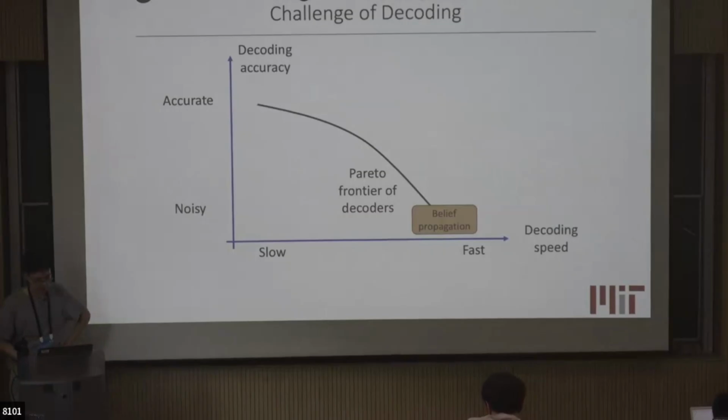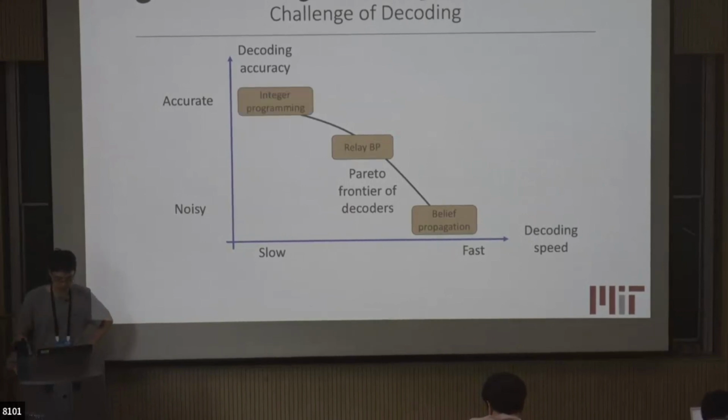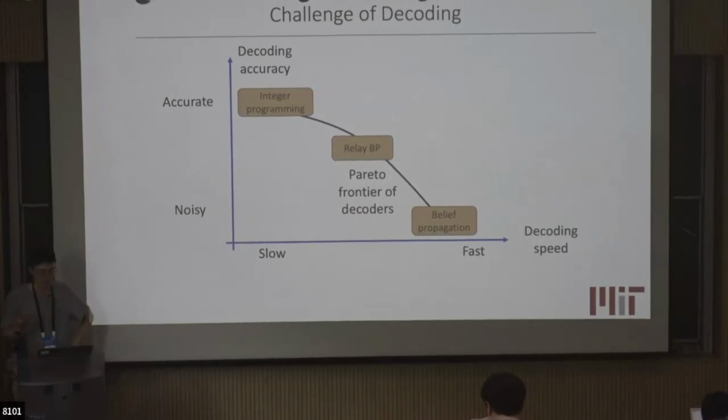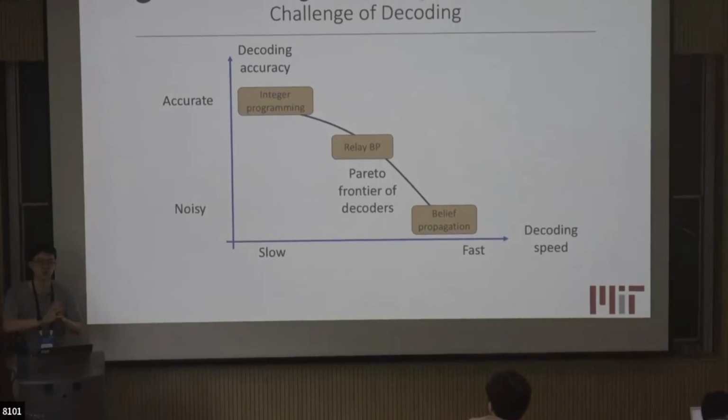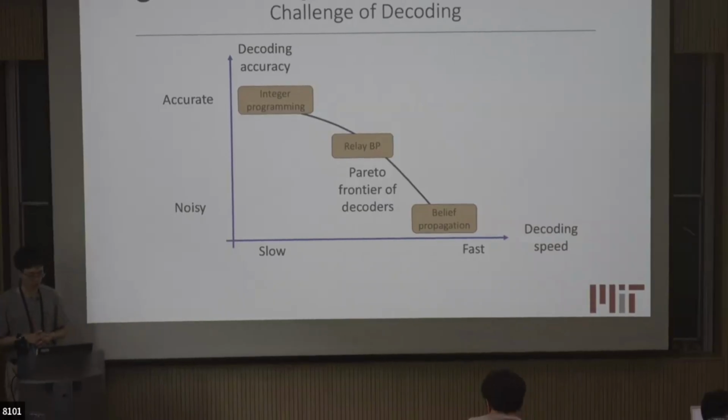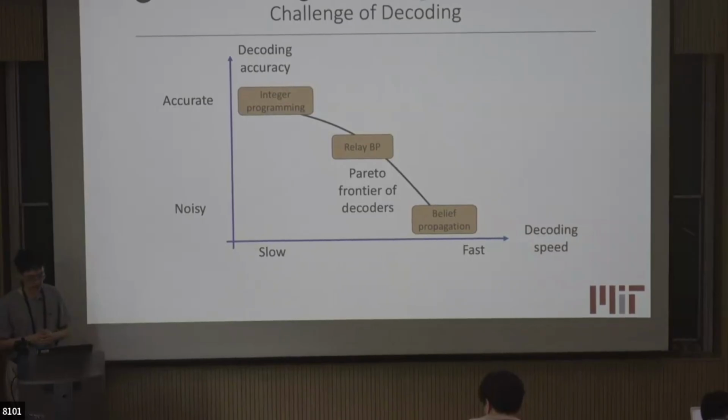You can have decoders that are very fast but not so accurate, for example belief propagation, which is very popular. You can enhance belief propagation to be more accurate at the cost of higher computation; Relay BP is a good example of this. And finally, you can throw a lot of compute at it using a slow integer programming decoder that's much more accurate, but takes a long time.